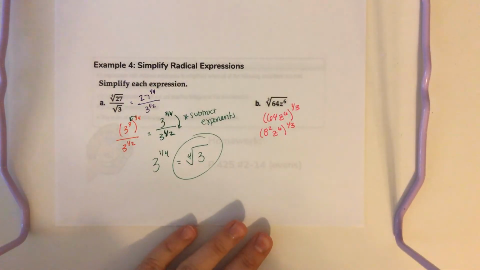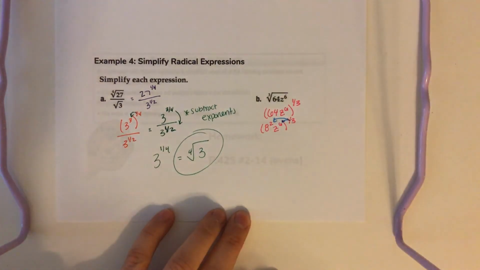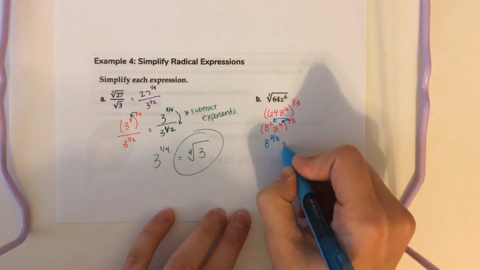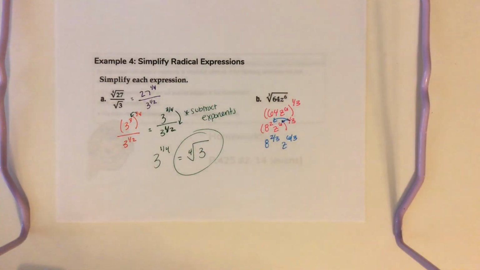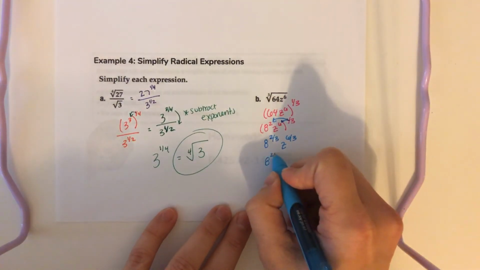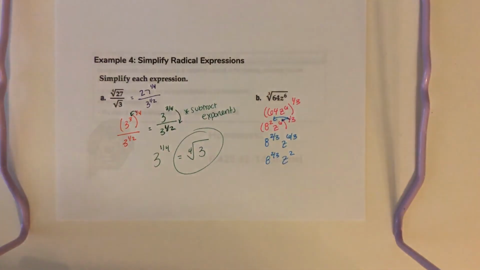And just like I did in the last example, I'm going to distribute that 1/3 to both those exponents and get 8 to the 2/3 power, z to the 6 over 3. Cleaning this up a little bit, 8 to the 2/3 I can't do much with right now, but 6 divided by 3 is just 2, so that's z squared.